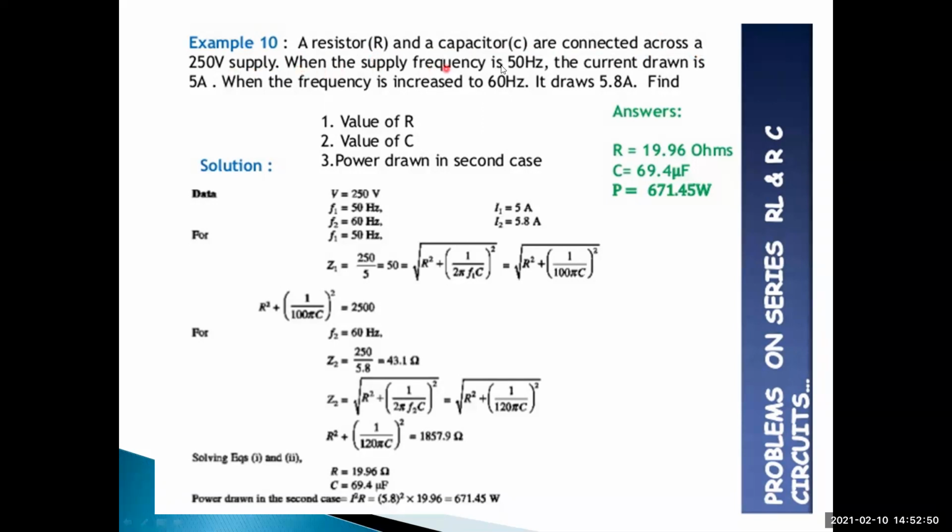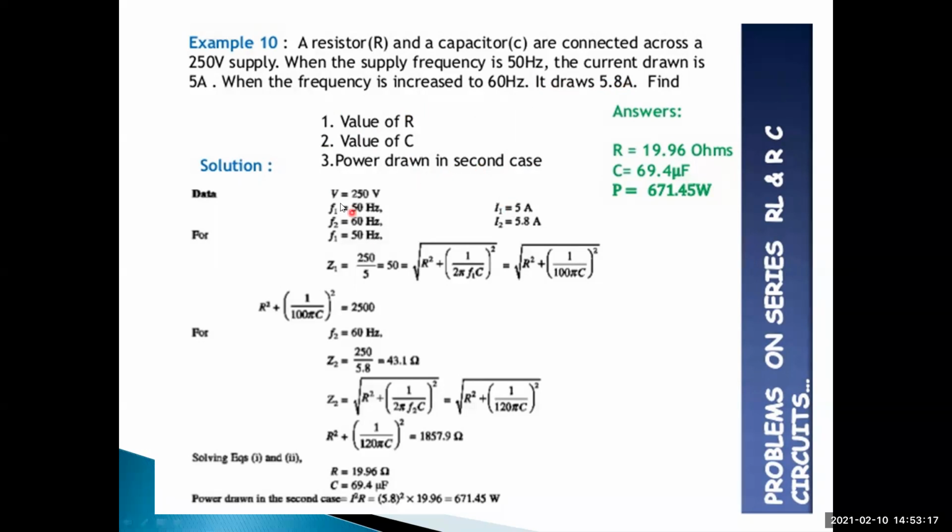When the supply frequency is 50 Hz, the current drawn is 5 amps. When the frequency is increased to 60 Hz, it draws 5.8 amps. Find the value of R, the value of C, and the power drawn in the second case.